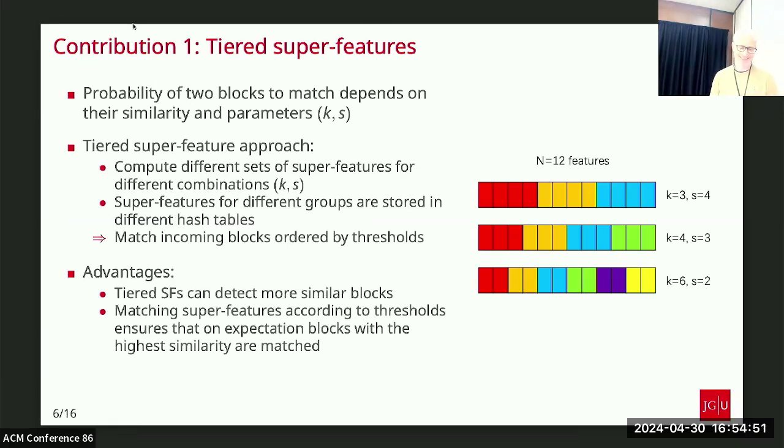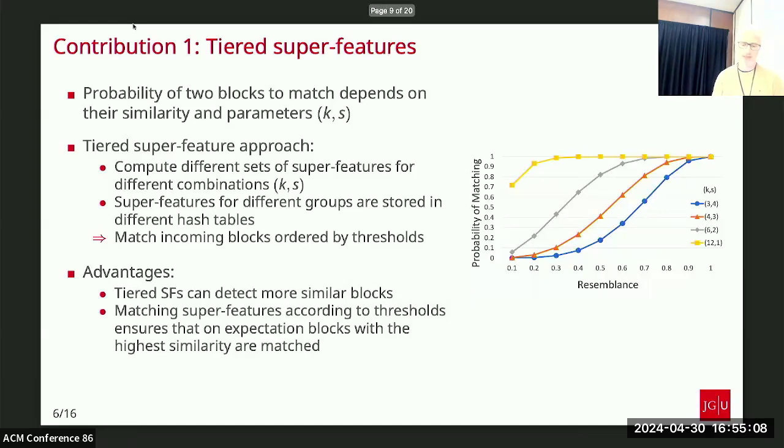We can do this offline. They more or less combine them into 3 super features. What we did, 12 has a nice property that I could also combine it into 4 super features with 3 features per super feature, and into 6 super features. And what I then do, and this is the main first ingredient of our approach, is that I first check against the blue line, the three super features.